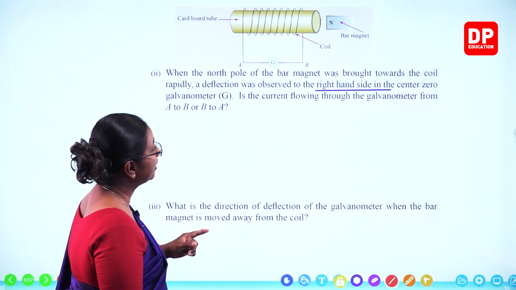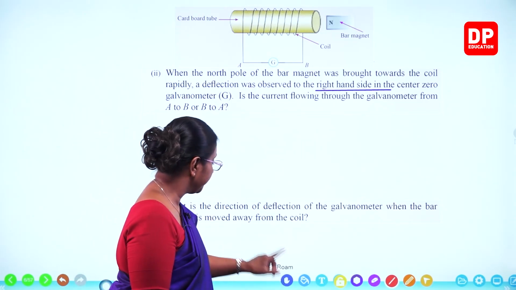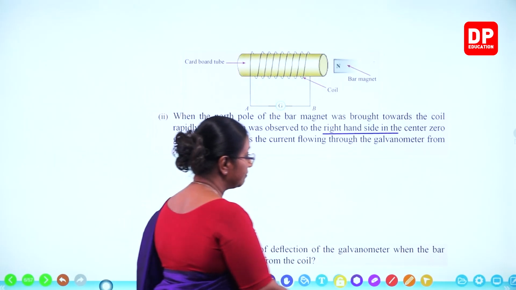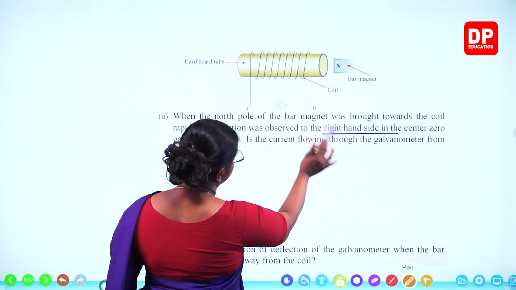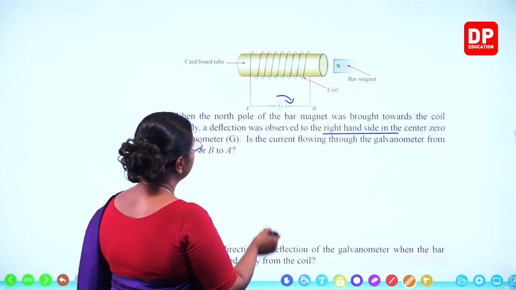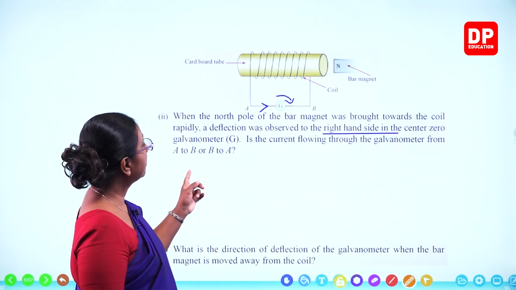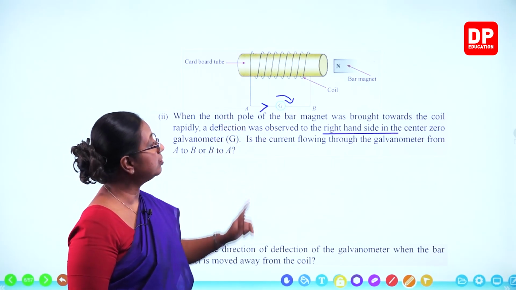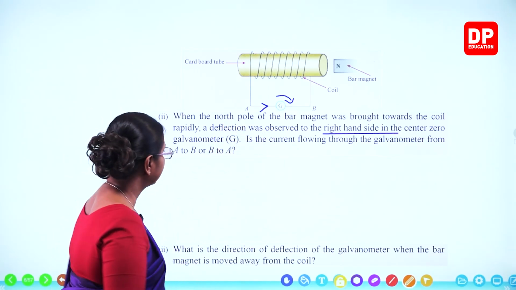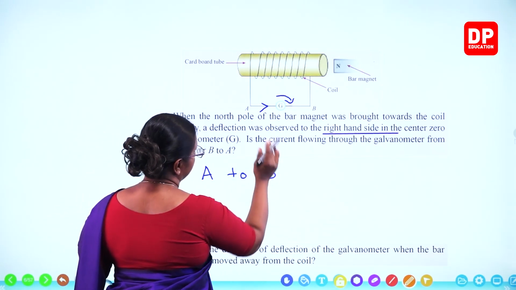Is the current flowing through the galvanometer from A to B or B to A? So, the direction of deflection in the galvanometer, if it is towards the right-hand side, that means the current is flowing this way. So, the current flow is from A to B. Is that clear? So, A to B.